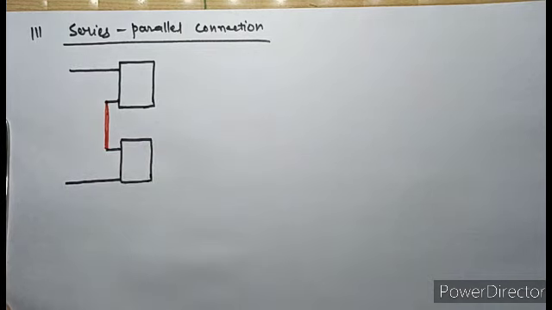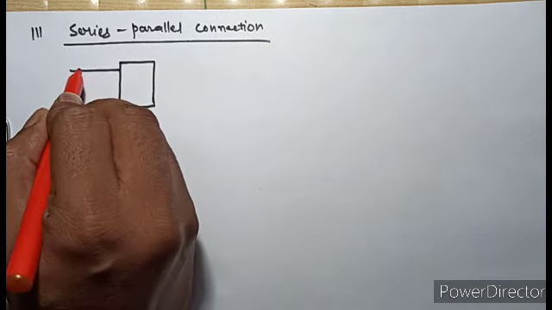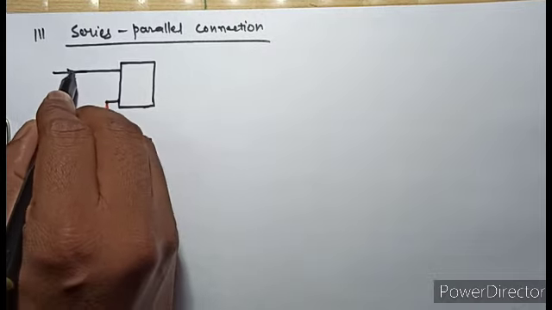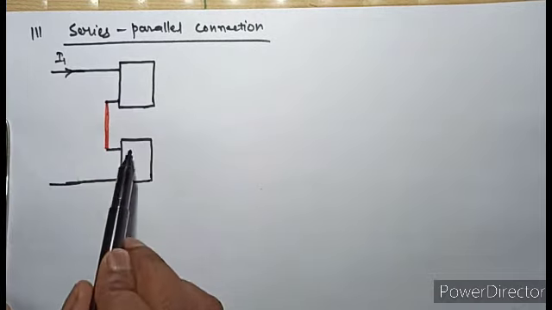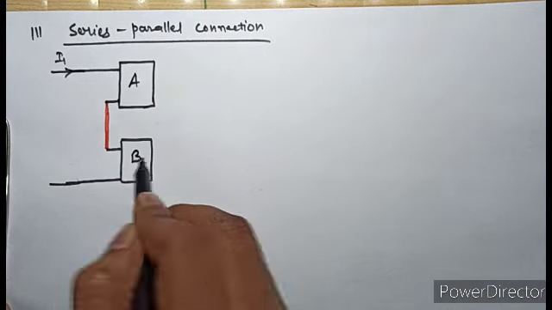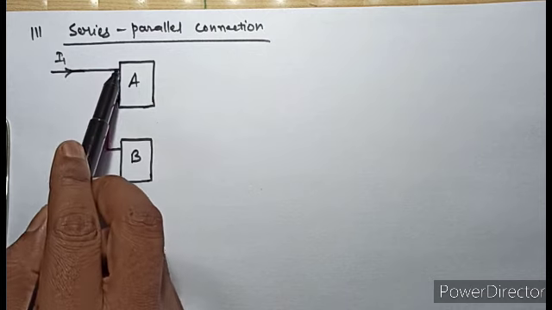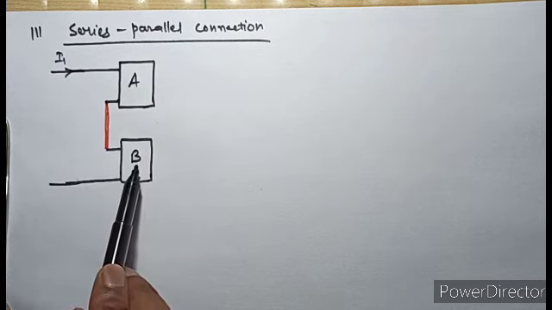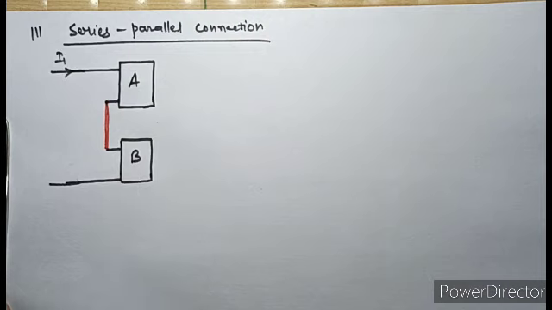Alright, now see, whatever current enters, the same current enters both the networks, right? I1 will enter here, and once again I1 will enter the B network, right?